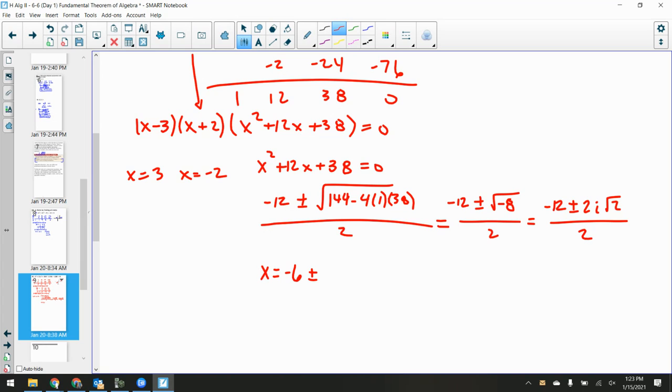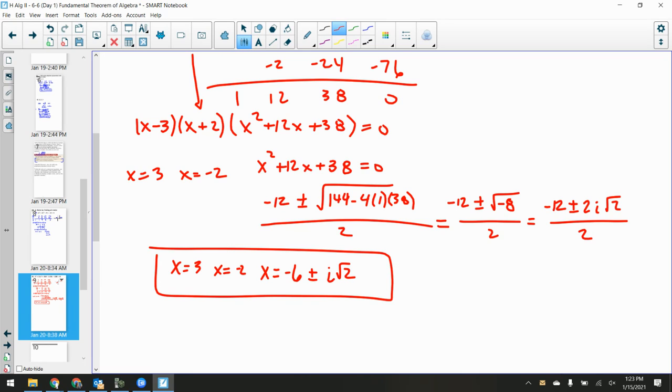And then I've got to reduce a 2 out here, so i radical 2. So I've got all 4 roots. X equals negative 3, x equals positive 3, x equals negative 2, x equals negative 6 plus i radical 2, x equals negative 6 minus i radical 2. So those are my 4 roots.